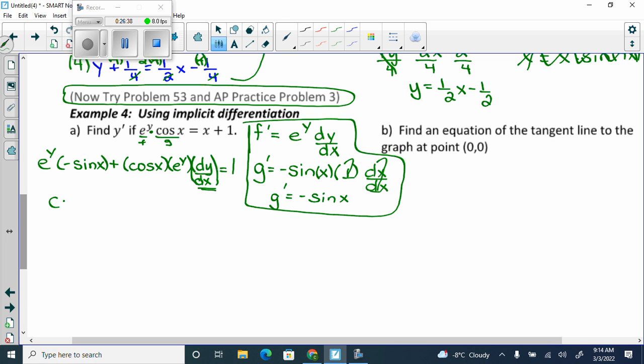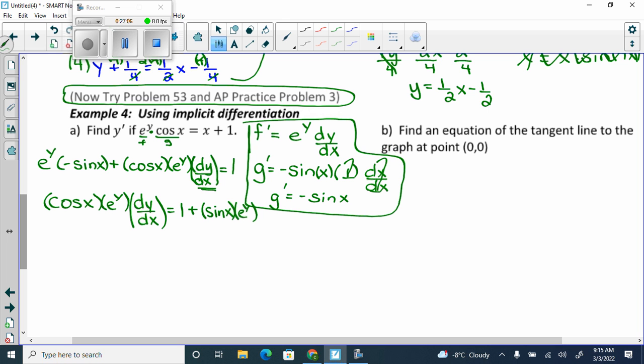So I'm going to get cos x e to the y dy over dx equals 1 plus sine x e to the y, or e to the y sine x. It doesn't matter what order you put this in. But I'm adding it over because this negative sign can come to the front always.